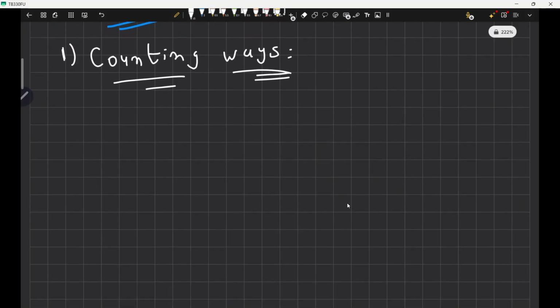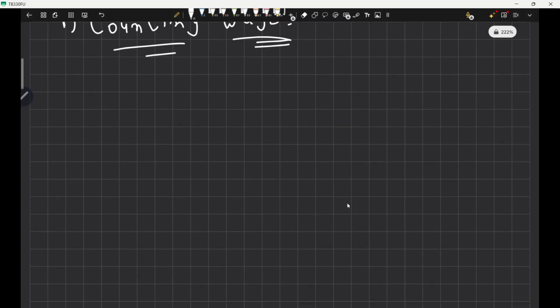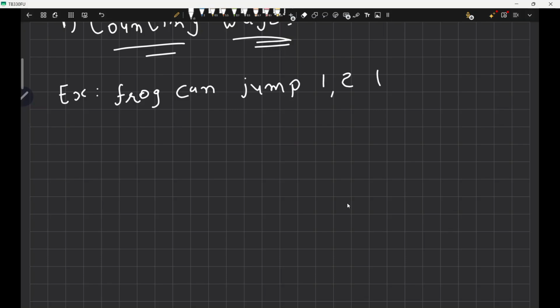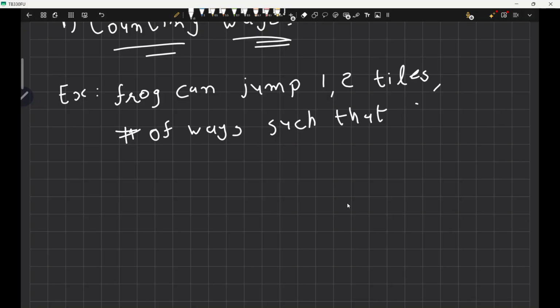Let's take an important example, like the frog jump question. The frog can jump 1 or 2 tiles, and you have to find the number of ways such that the frog can reach the nth tile.